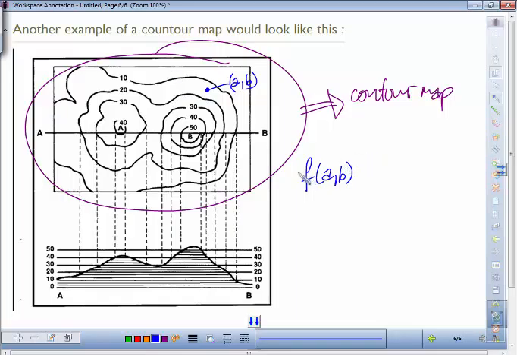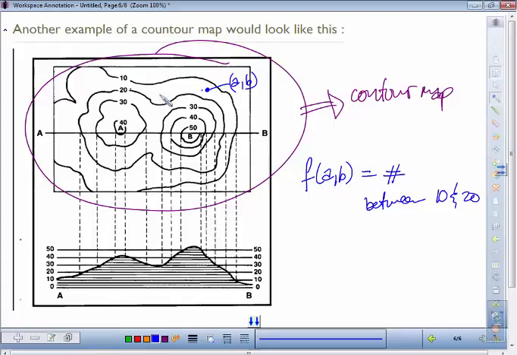Between 10 and 20 would be a better description. I was going to say 15, but it may be 13 or 14, 15, 16, 17. So it's between two contour lines. It's between 10 and 20. So we could say 15 if we can agree that that's a number between 10 and 20. Okay?